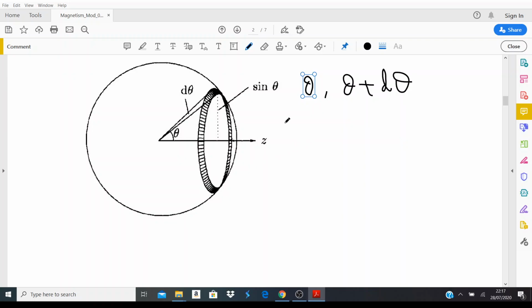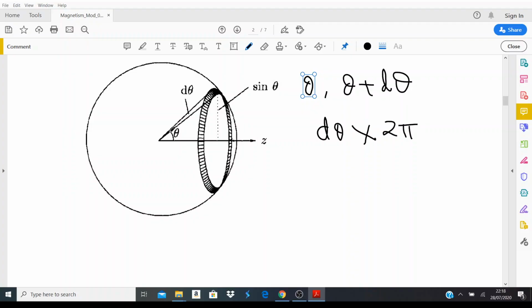How do you find the area of the annulus? Let's say we know the width of this ring, the annulus. So the width is d theta, and we need to know about the perimeter of this ring, right? And what's the perimeter? That's twice pi times the radius.